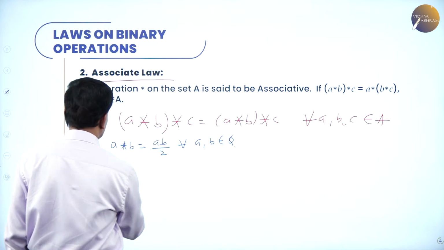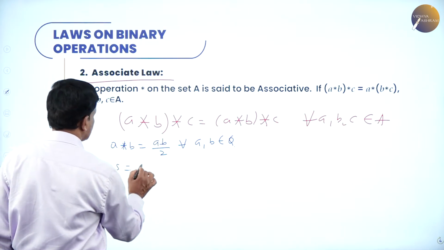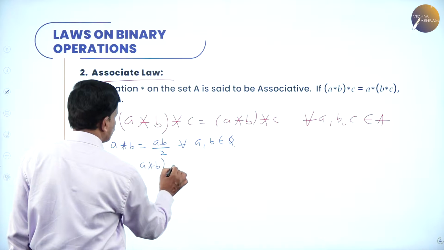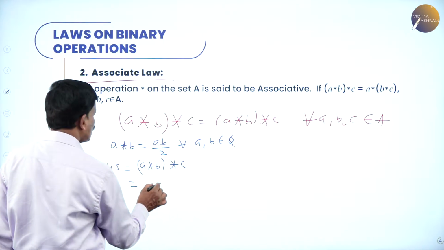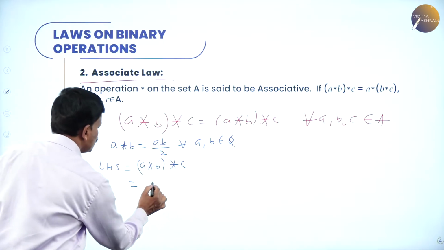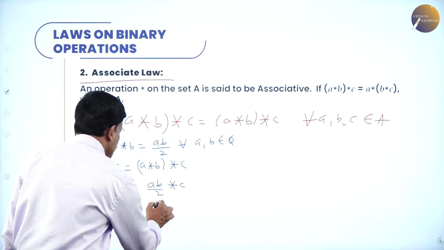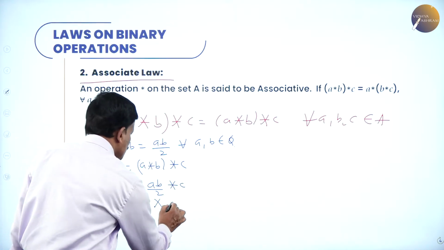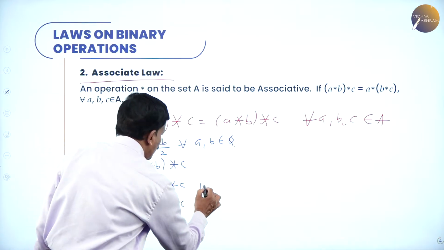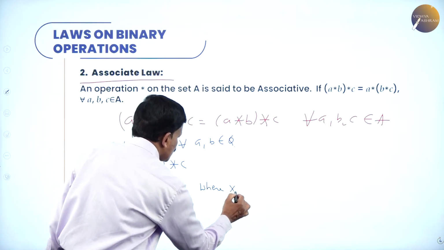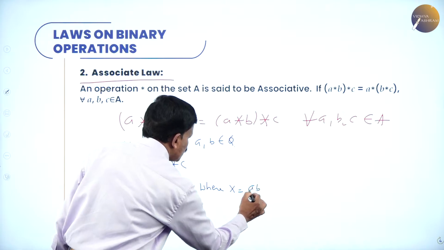Let us take the left hand side, LHS, A star B star C. What is A star B? A star B is equal to AB by 2 star C. Let us represent this as X star C, where X is equal to AB divided by 2.